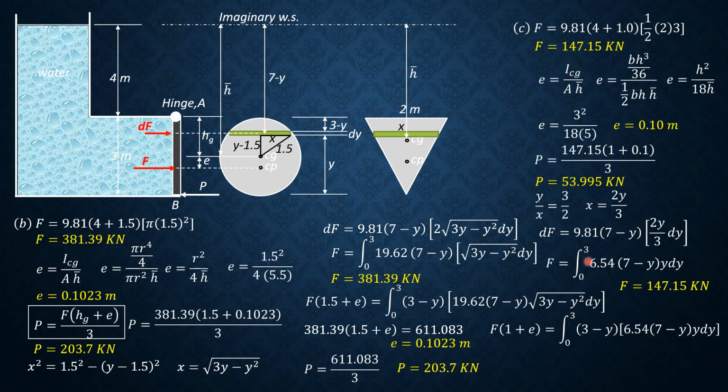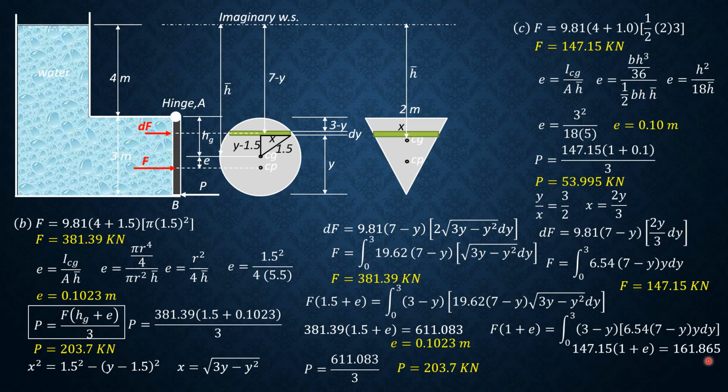That's the expression for df from this expression here. So we can integrate this manually, but we ran out of space, so I'll just give you the answer, or use your high-tech calculator there. F is 147.15 times 1 plus E equals, the right side is 161.865. So again, the whole value here is 161.865.